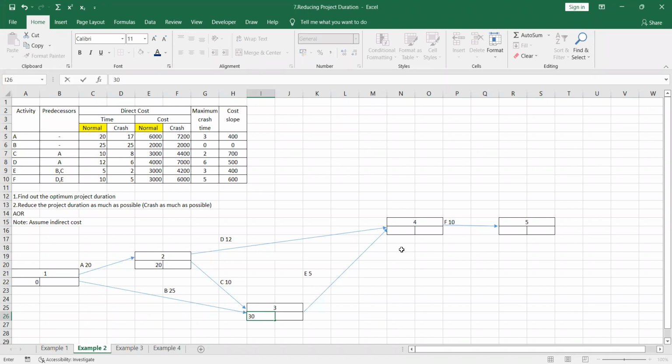For that 30, I have 35. Then 45, 35, 30. 35 minus 12; 30 minus 10 is 20. It should be 20 here.